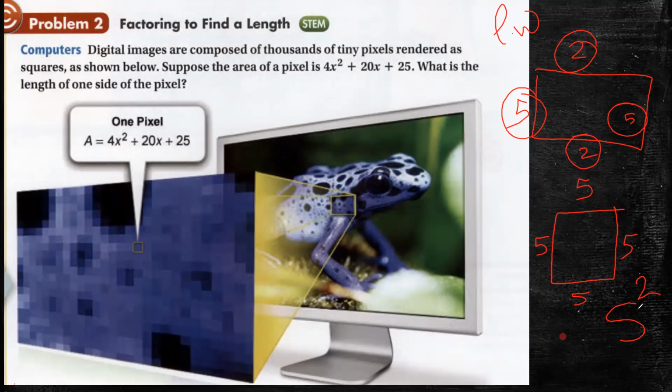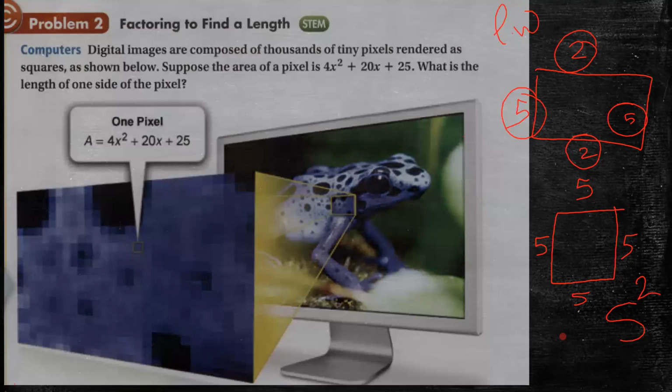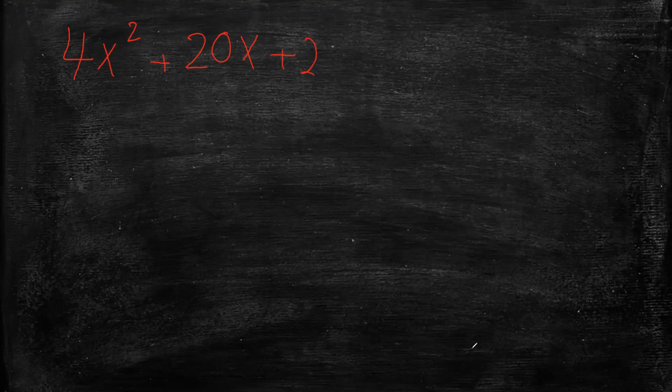Here also the same, but the area is not a number. The area here is 4x squared plus 20x plus 25. So it was 4x squared plus 20x plus 25.